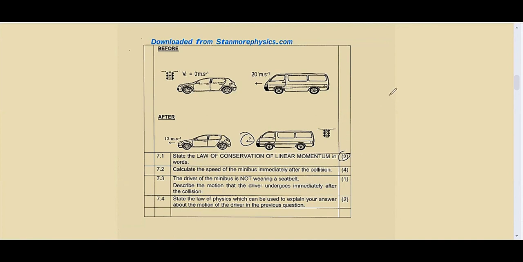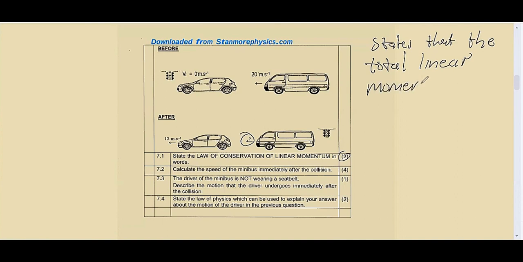So at this moment in time, we already know how to define that. We just simply say the law states that the total linear momentum in an isolated system is conserved, right?